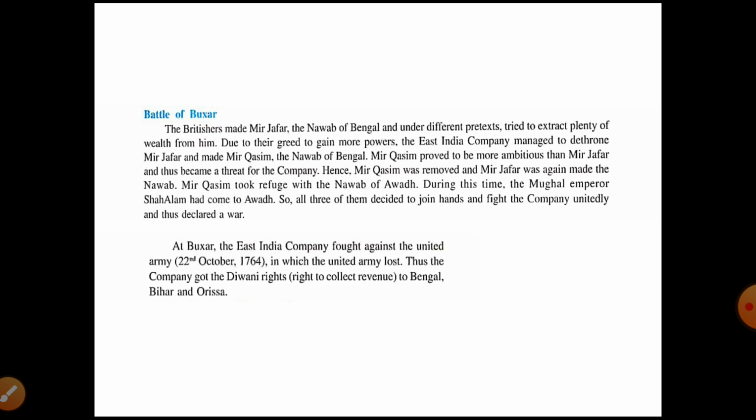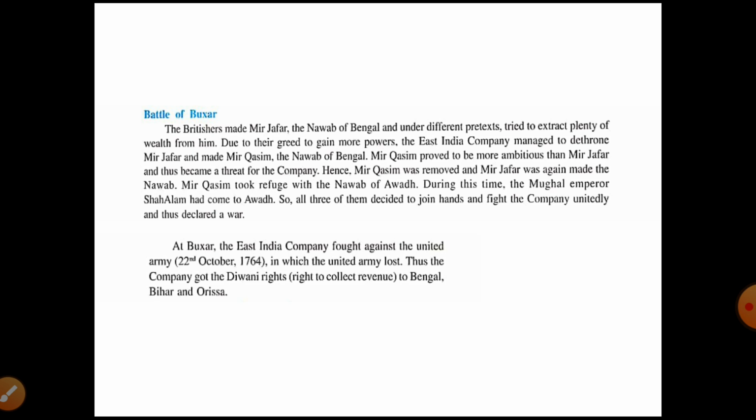Due to their greed to gain more power, the English East India Company managed to dethrone Mir Jafar and made Mir Qasim the Nawab of Bengal. Here it became more difficult for Mir Jafar to give revenue to the English East India Company according to the British planning.